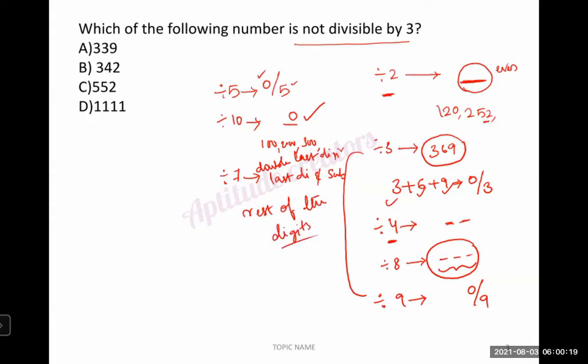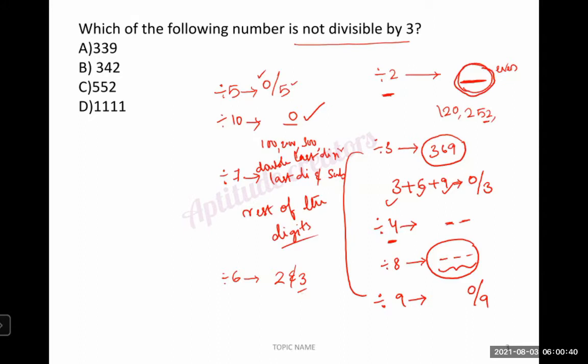Now, what about the divisibility rule for 6? The divisibility rule for 6 is that I have to check 2 and 3. I know the divisibility rule for 3, and I know the divisibility rule for 2, right? The rule for 2 is to check the last digit. The rule for 3 is the sum of the digits.